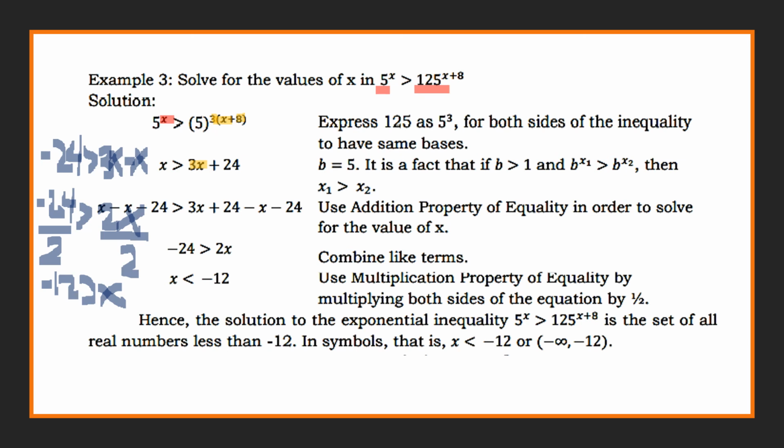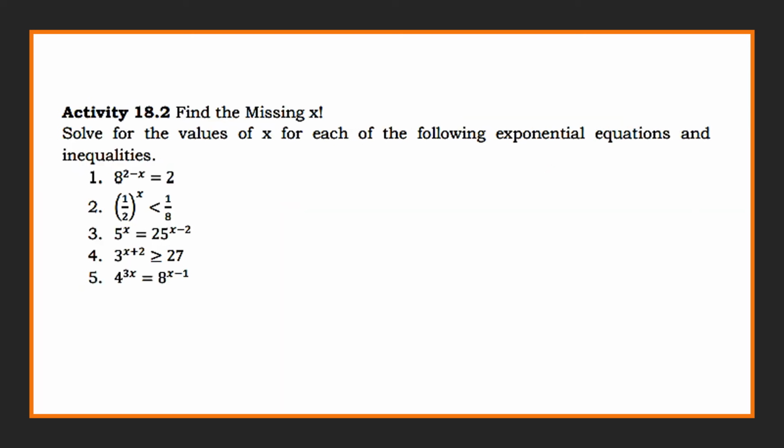Yung kabaliktaran niya. So, magiging x is less than negative 12. Okay, so yan yung usual na shortcut na ginagawa nyo. But actually, the real process na ginagamit talaga is the addition property. Okay, so that's solving inequality.